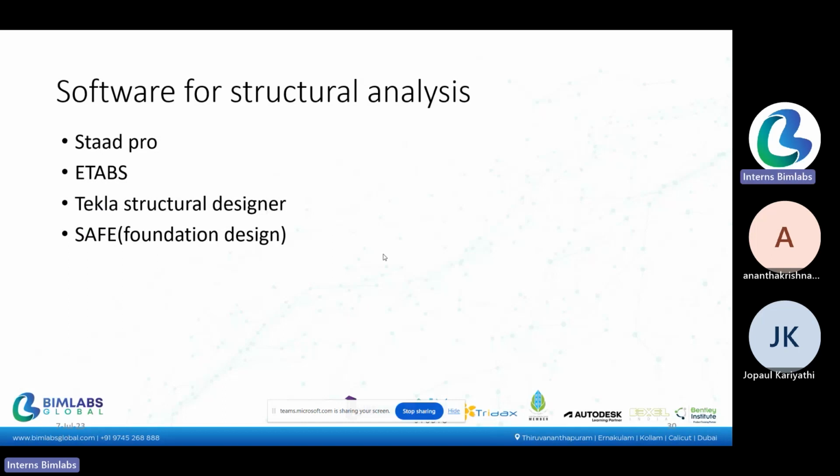There are many software packages, like STAAD Pro, ETABS, Tekla Structures, SAFE, STAAD Foundation. We give it to one of them and find out whether our structure is stable or not. If it gives a warning, we redesign it once more.